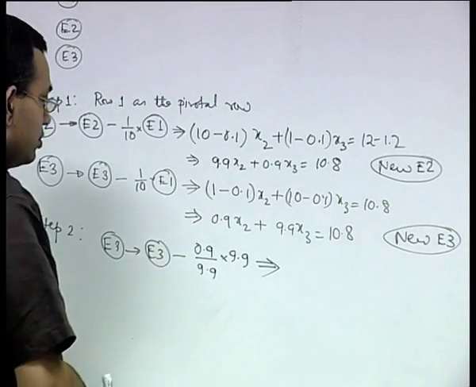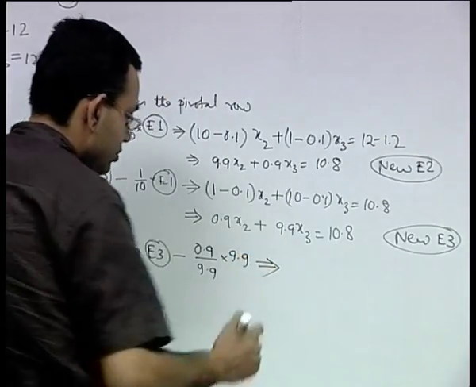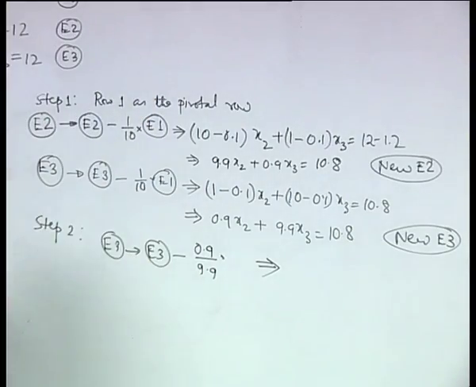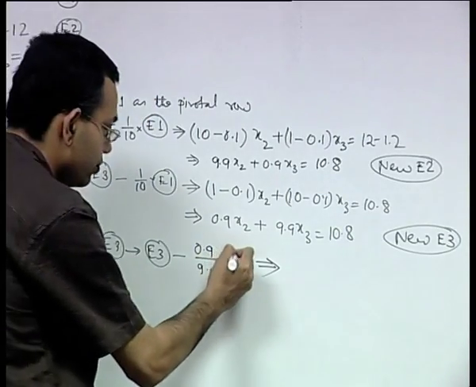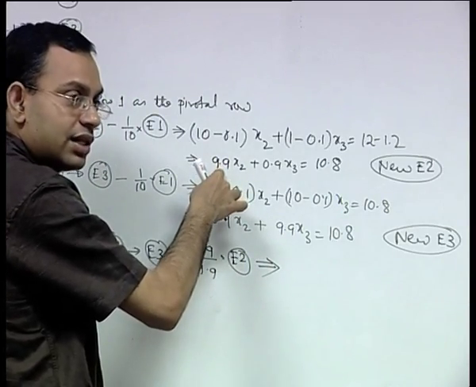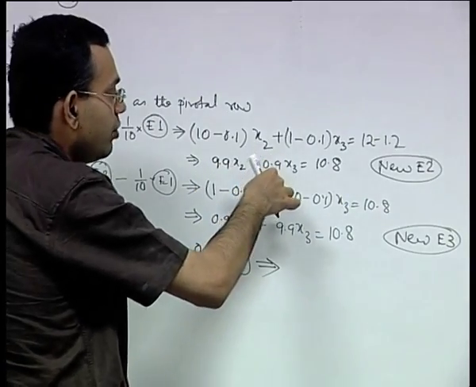In general it is equation 2. 9.9 was for the first term, 0.9 will be for the second term.